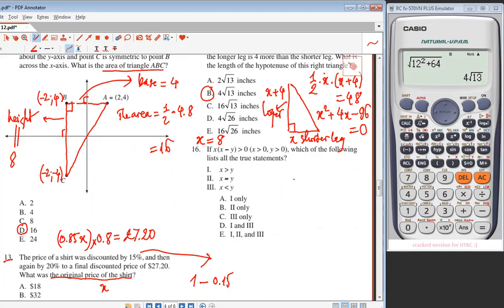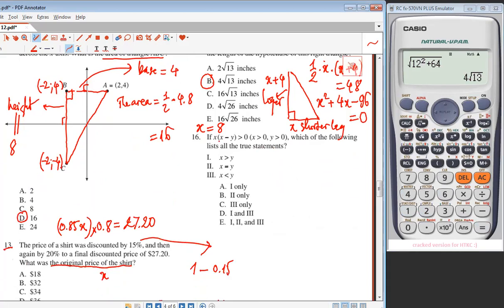The final question. If we have S times (S minus Y) greater than 0, with the information that S is greater than 0, we can cancel S on both sides, or we can say that we divide by S on both sides.